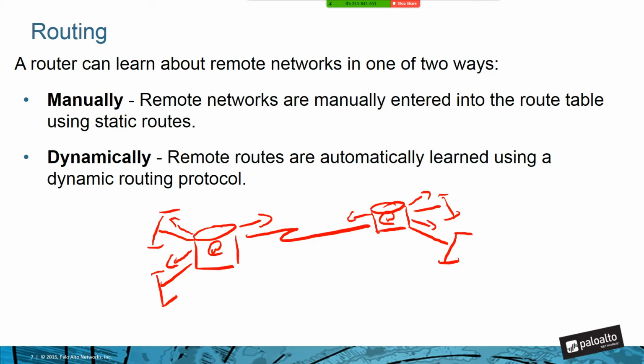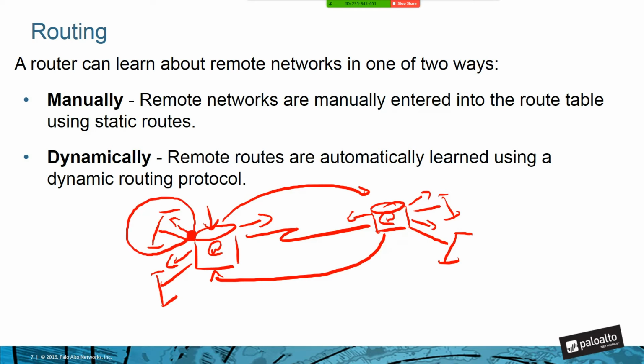And once they find each other, so this guy will find that guy, this guy will find that guy, they will start exchanging routing information. They will start exchanging the tables, information about all the routes that each router found. So this router out of the gate is going to find that route because it's attached to it, this route because it's attached to it, and this route here in the middle, that network, because it's attached to it. This router here is going to find that, and this one as well because it's attached to it.